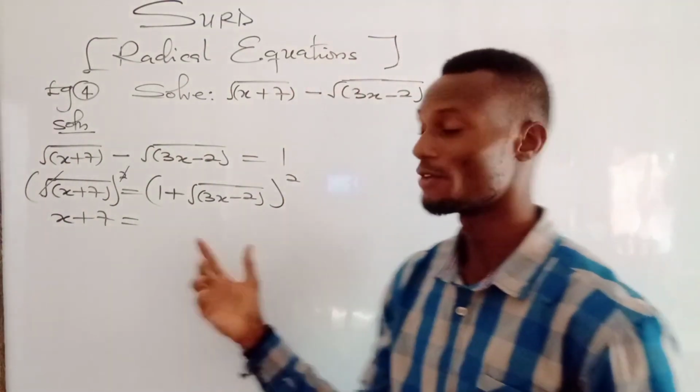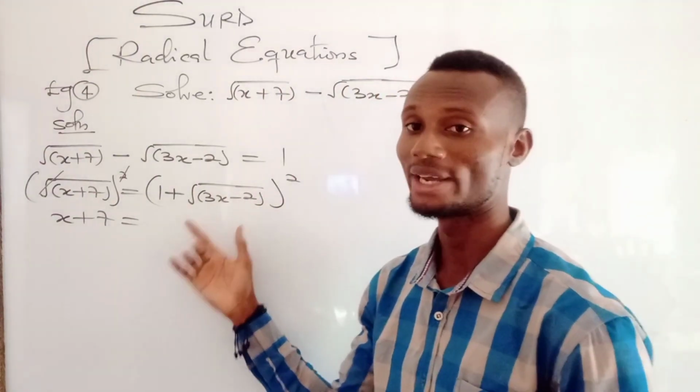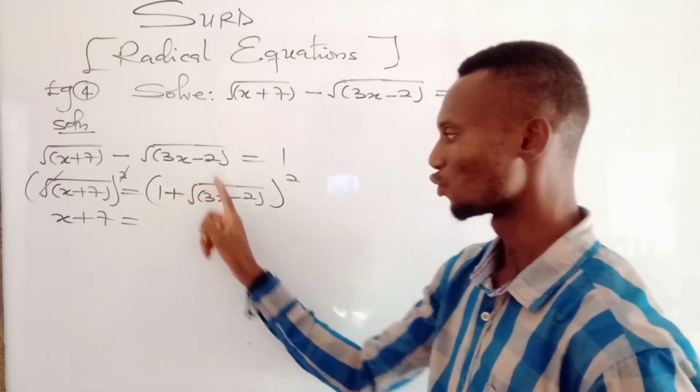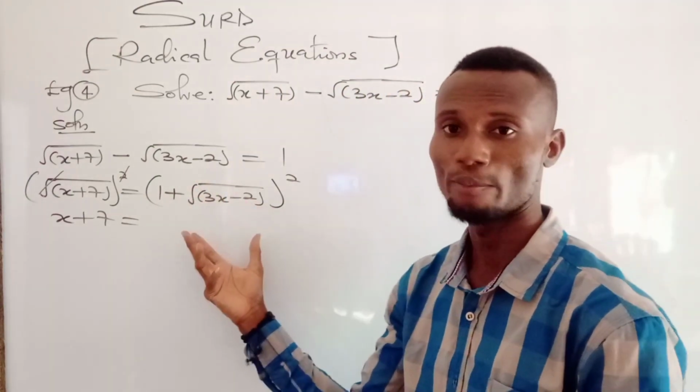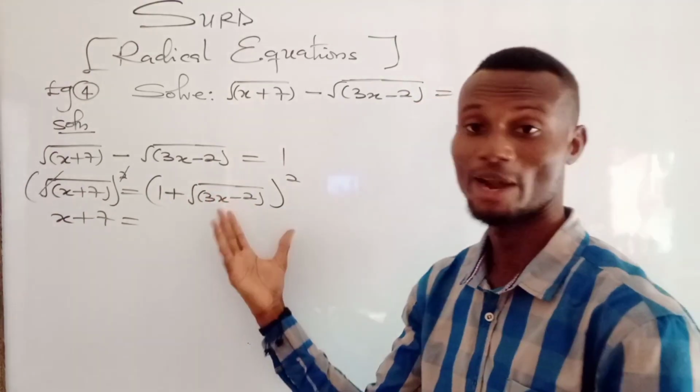Now if you don't understand the short method of expanding this one, you can write it as 1 plus root 3s minus 2 in one bracket, multiply another bracket which has 1 plus root 3s minus 2 in it.